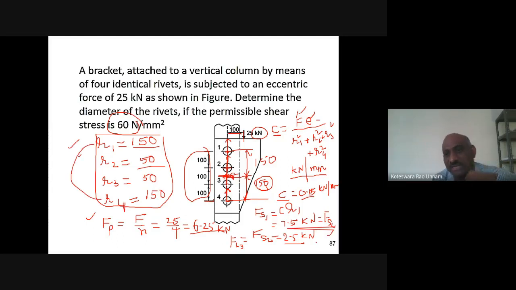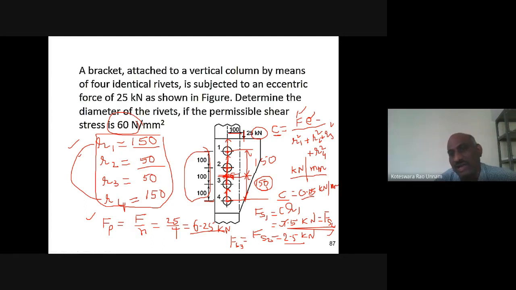So in the first rivet you have a secondary shear force of 7.5 kilonewtons, in the second rivet 2.5, in the third rivet again 2.5, and in the fourth rivet again 7.5 kilonewtons.